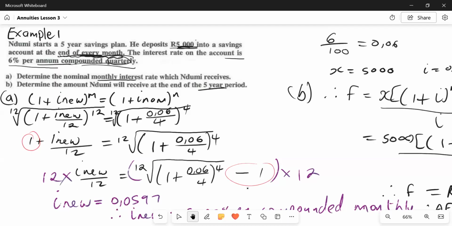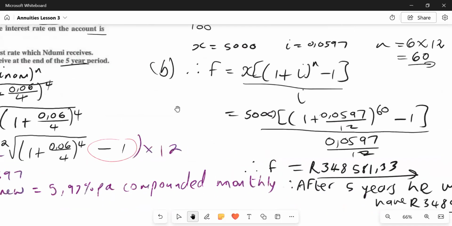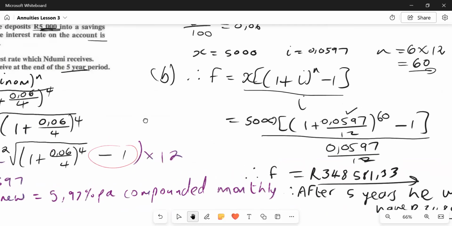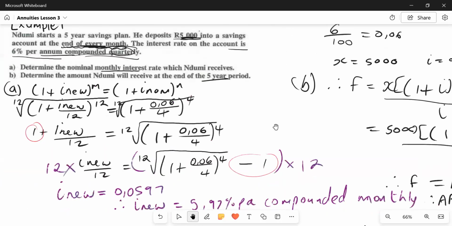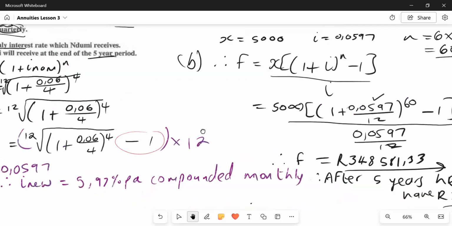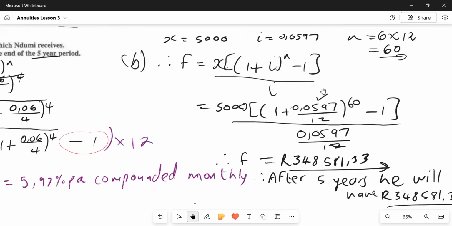So the reason why we decided to use this percent compounded monthly is because he deposits at the end of every month. That's why we decided to use that one instead of the one where it's quarterly. That's why we decided to use this interest.